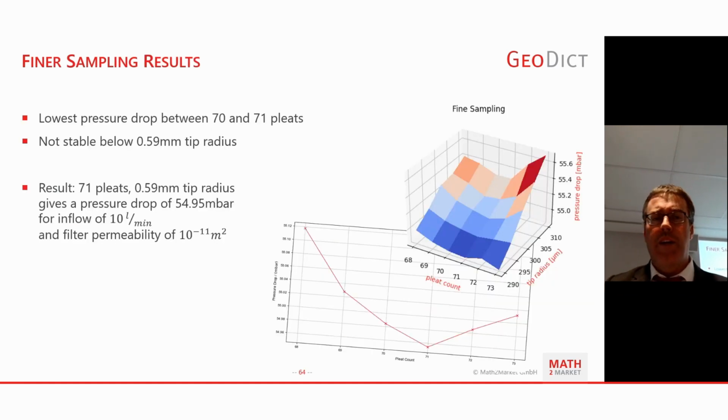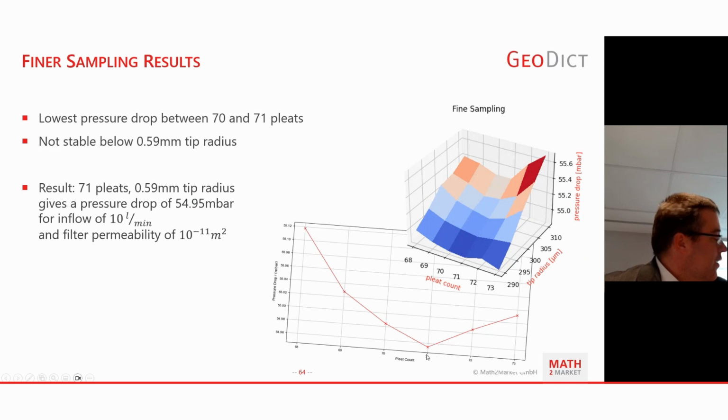Let's have a look at that. Here again, we can see a bit more detail. It doesn't seem to be stable there. It actually gets too fine. The discretization was not fine enough there. But for higher tip radii, we get a minimum.